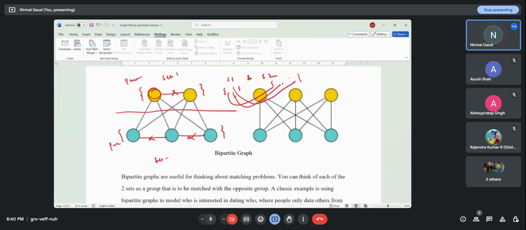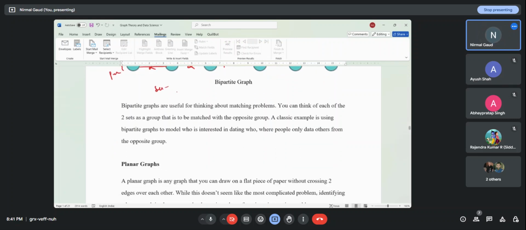This is bipartite. Ultimately they are used in matching problems. We obviously have two sets, two groups, and I am trying to match them.